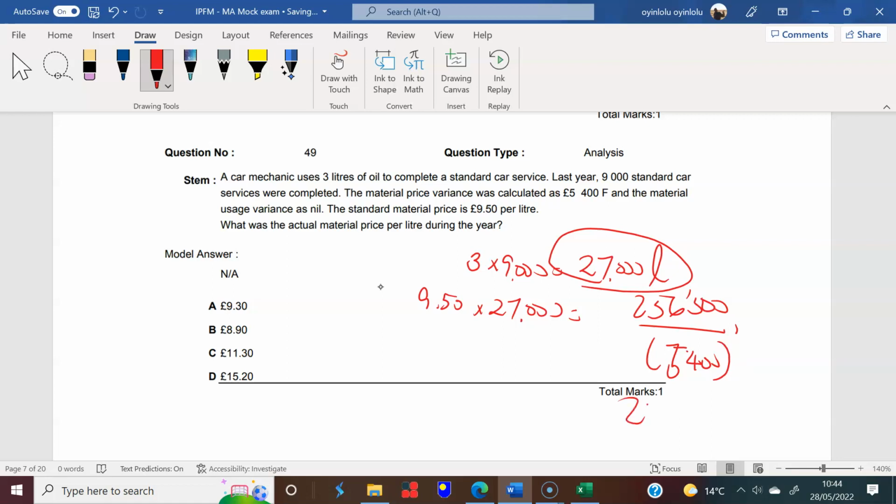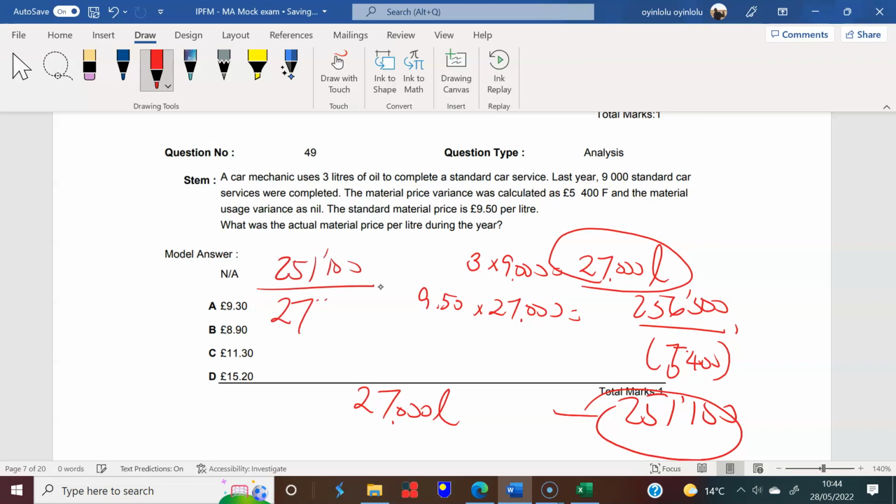So I actually spent 251,100 on the 27,000 liters. So the question here is, what is the value per liter? I can divide 251,100 by the 27,000, and that's £9.30.